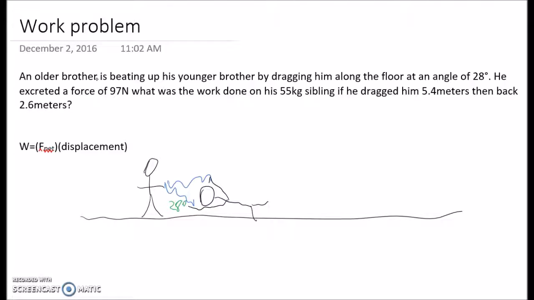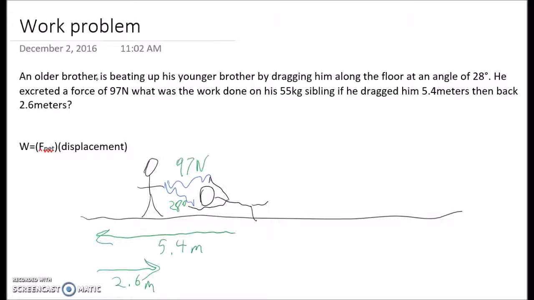And the force being exerted is 97 newtons. And then he gets dragged this way 5.4 meters. And then he gets dragged this way by another 2.6 meters.